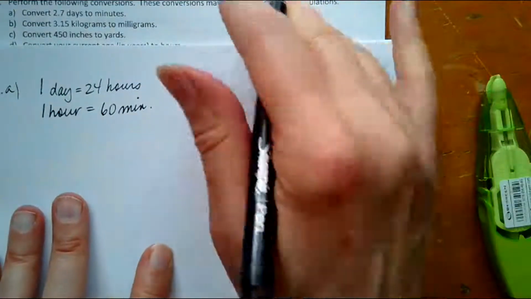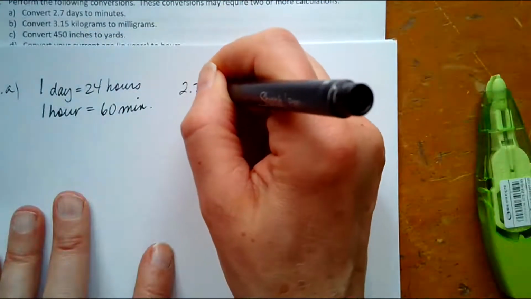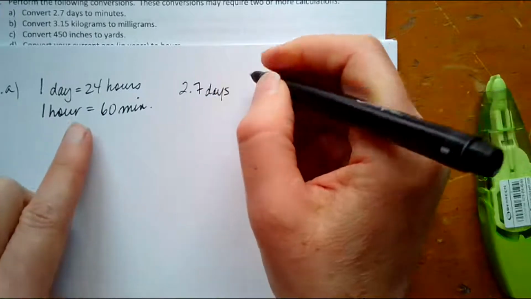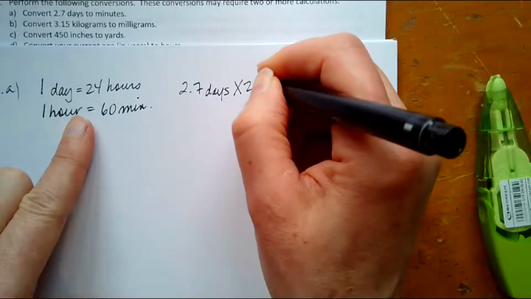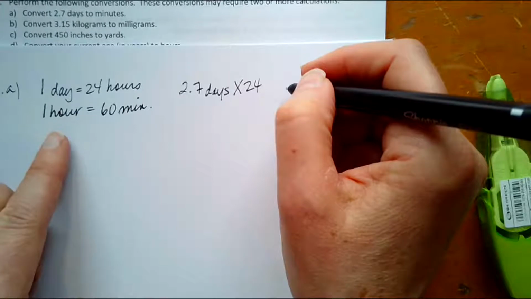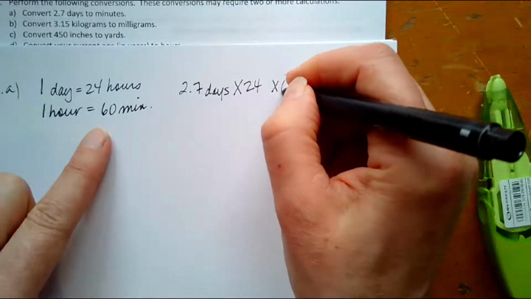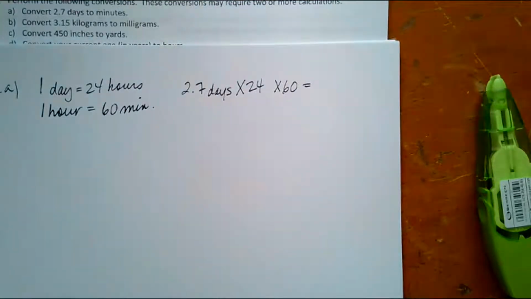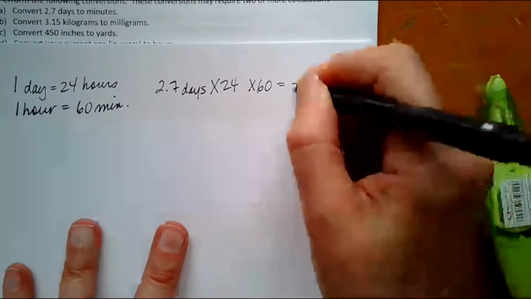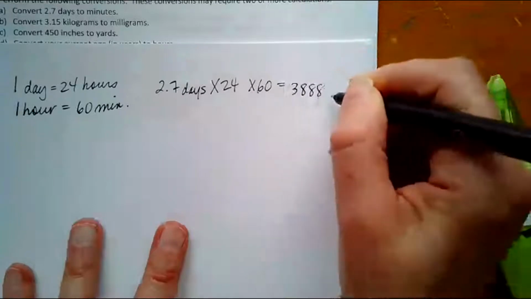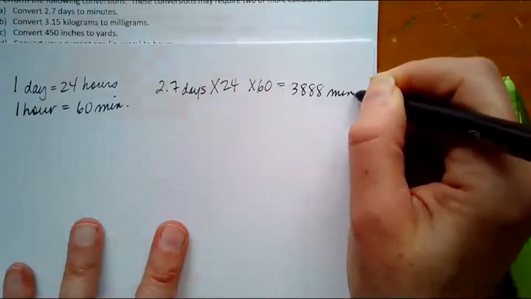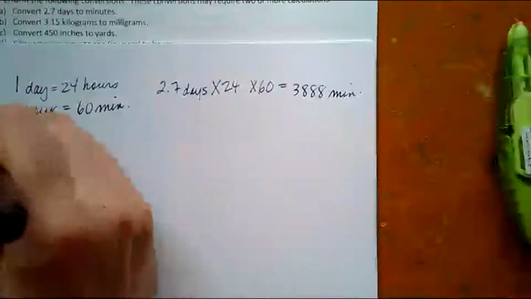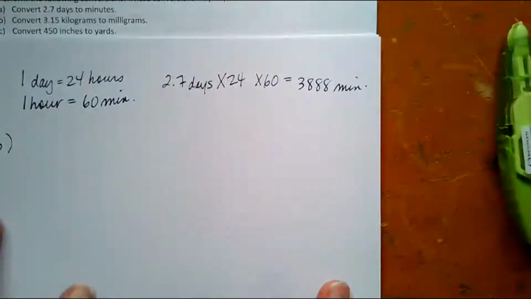Because if I have 2.7 days, to get the number of hours, I'm just going to multiply by 24 hours. And then the multiplier for minutes is just 60. So I could do it the quick way there. I think people might understand time a little bit better than some other things. So the quick way, instead of doing 2 proportions, gives 3,888 minutes.